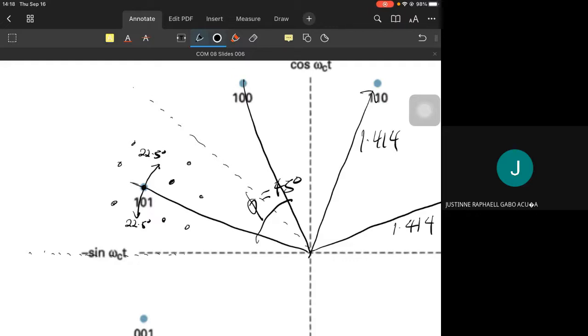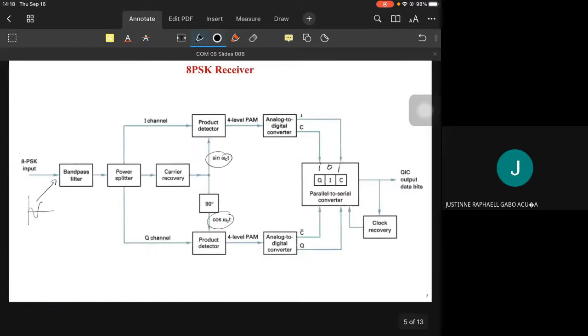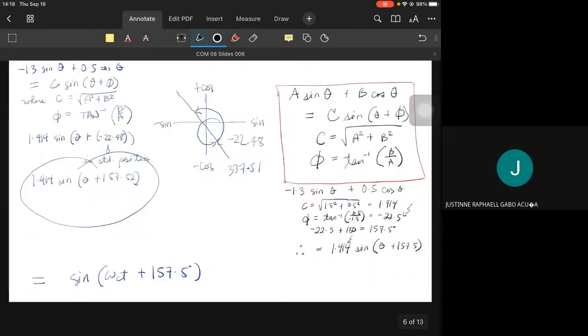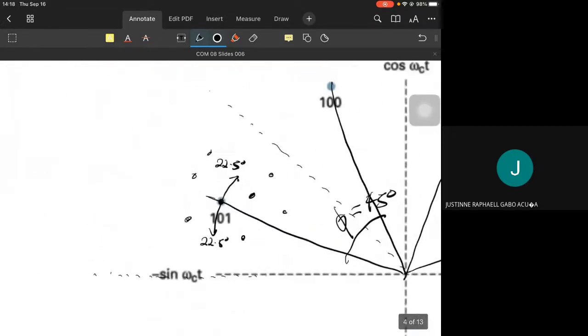So let's say, for example, our illustration earlier, 1.414 sine theta plus 157 degrees, exactly that one.